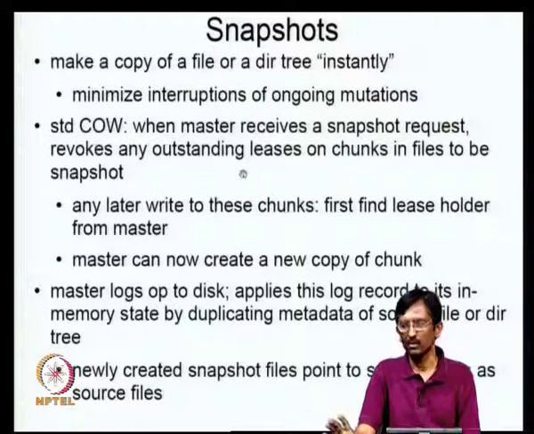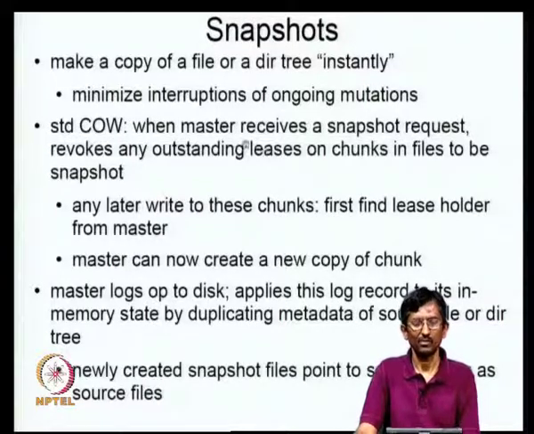So you make a snapshot and do it on a branch, and later decide what to do with the update, depending on whether it succeeds. Because you are going to make a copy of a file or directory, especially a directory, you have to minimize interruptions of ongoing mutations. The snapshot should not stop the ongoing changes. So it uses a standard copy-on-write mechanism.